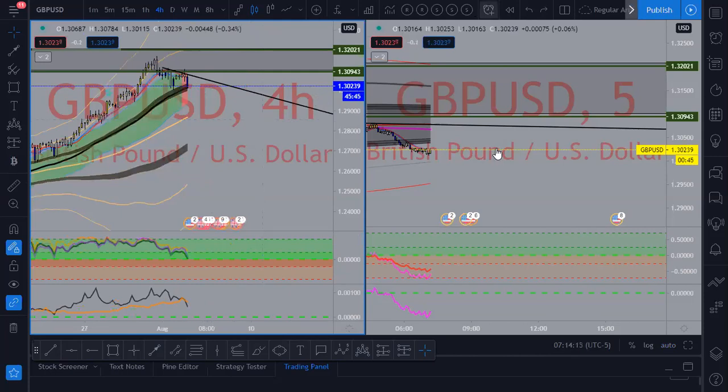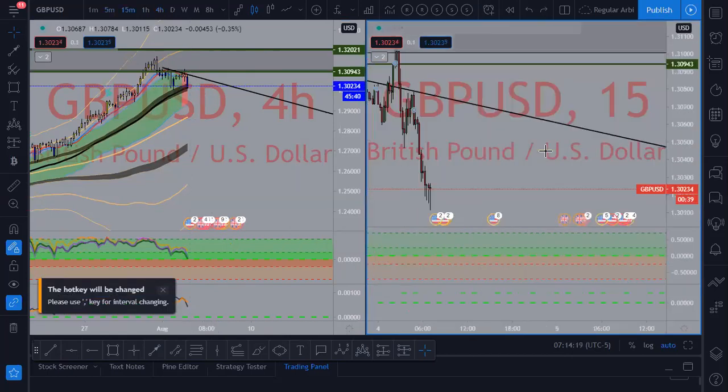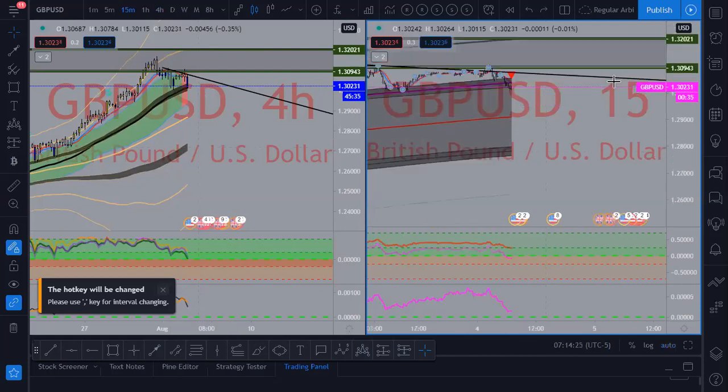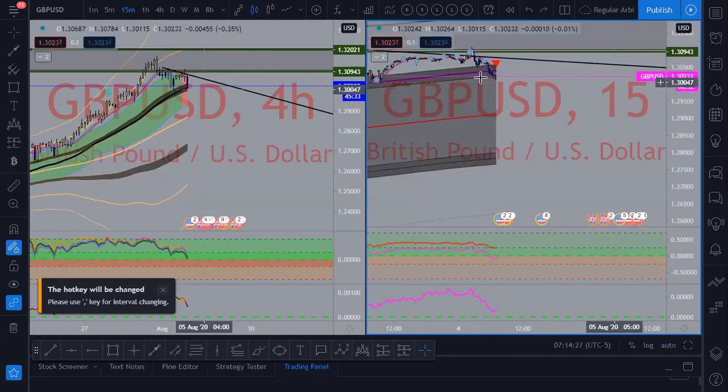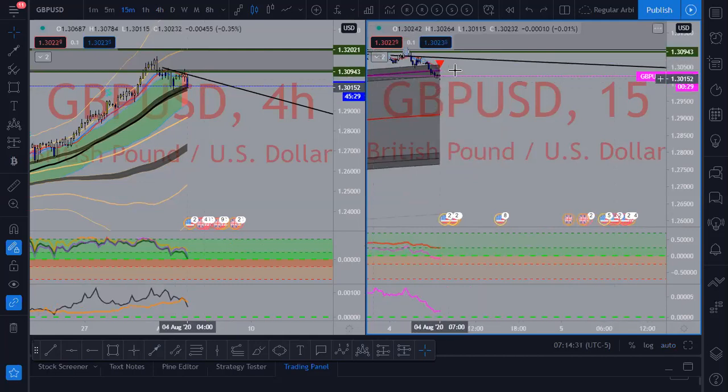I'm gonna set my alert on the 15-minute. Oh, it's already even called it for the sell. It's not confirmed quite yet, but this is what I love to see. I'm going to set a sell limit at 1.30375 for GU.